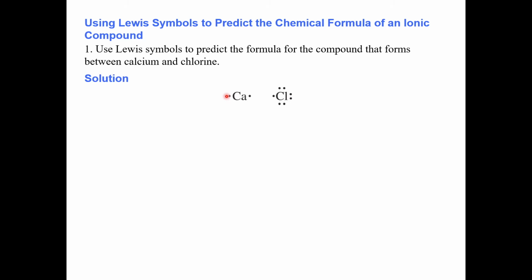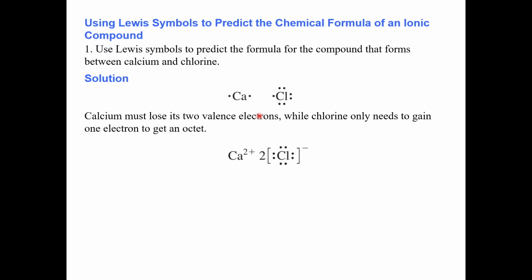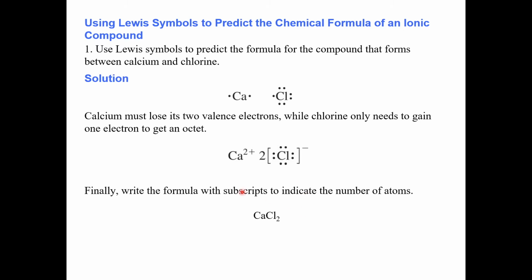Now what's going to happen to the other electron? It's not going to float around anywhere. It has to be transferred somewhere. So we would need 2 chlorine atoms so that both electrons from calcium can be transferred. So you could see we only need 1 calcium ion and 2 chloride ions to form our calcium chloride.